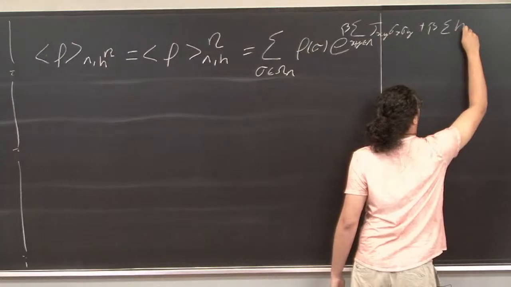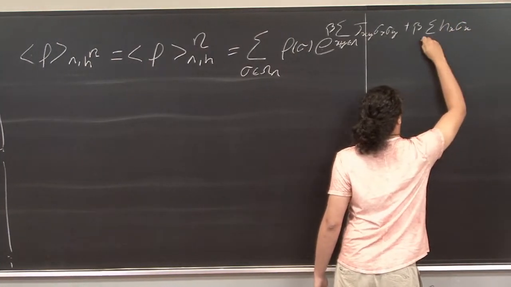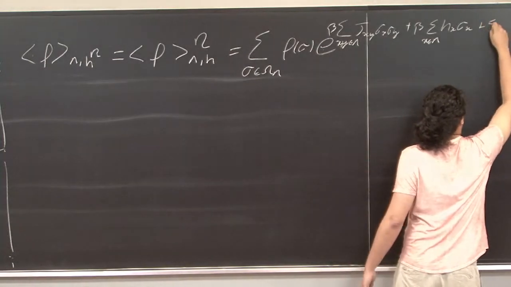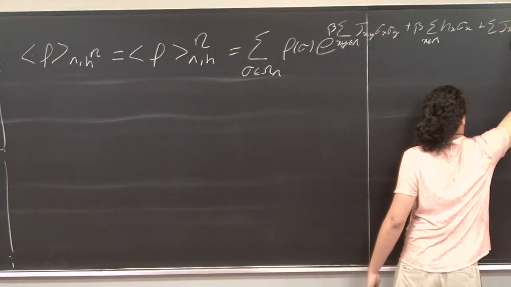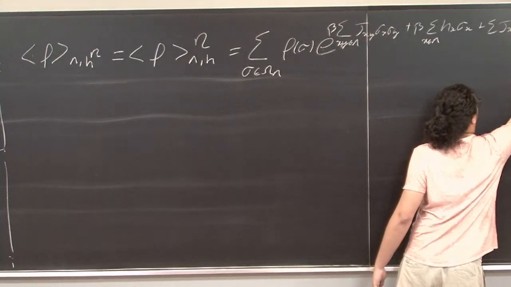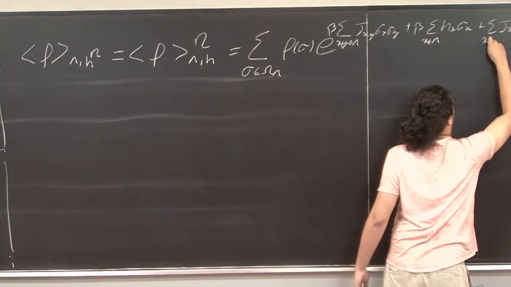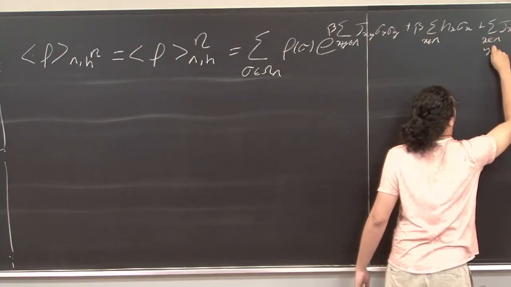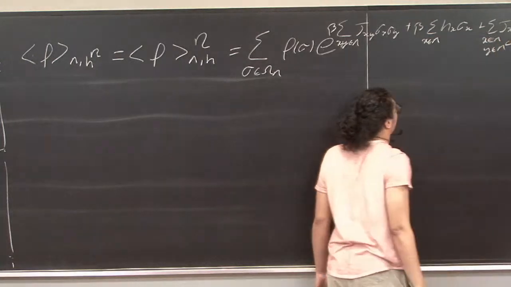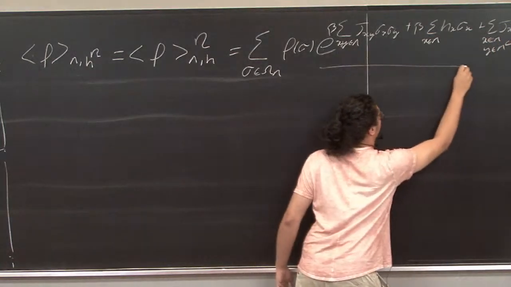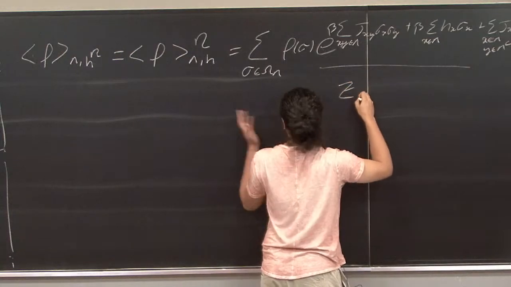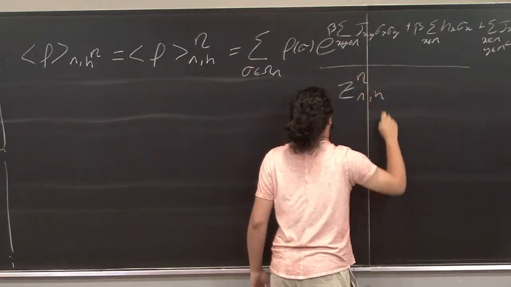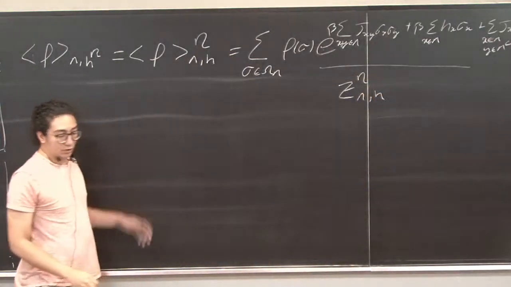Then you have the external field on the box, and you have the so-called boundary condition here: J_{X,Y} sigma_X eta_Y, with X in the box and Y outside the box. And there is a partition function, which you've seen a lot, so I'm not going to write it. And you get this back.